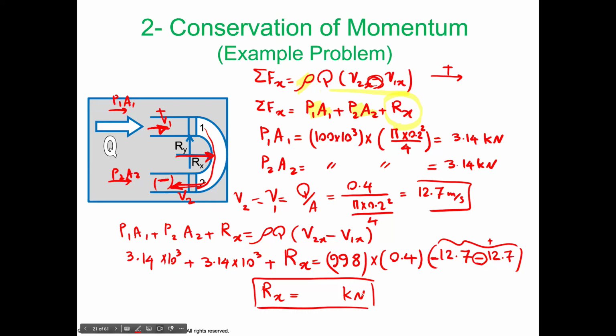In case that you make a mistake about the direction, although you calculate each component correctly, that would be a mess. So again, pressure is always toward, but velocity depends on if it goes in or if it goes out.